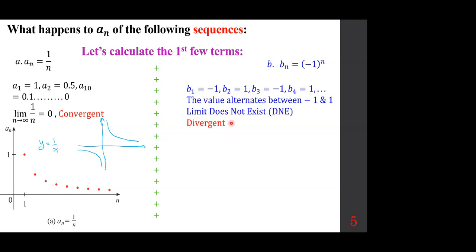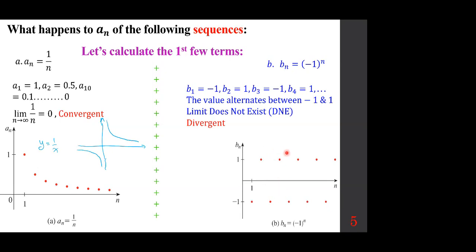So I want to make sure everybody understands what happens. When the limit is infinity, we say the limit is infinity and it's divergent. When it's negative infinity, we show that it's negative infinity and it is still divergent. This one is oscillation. It oscillates between the two numbers. And if you were to graph it, it just oscillates up and down.